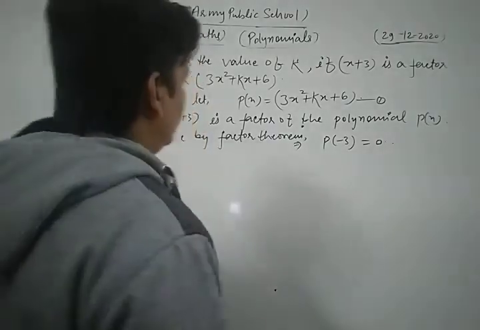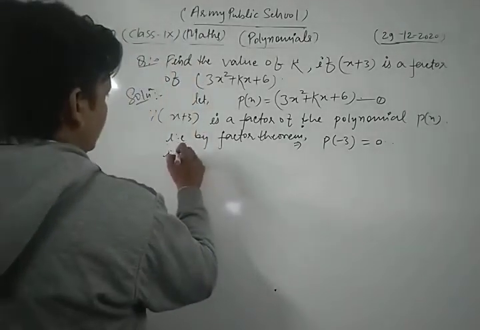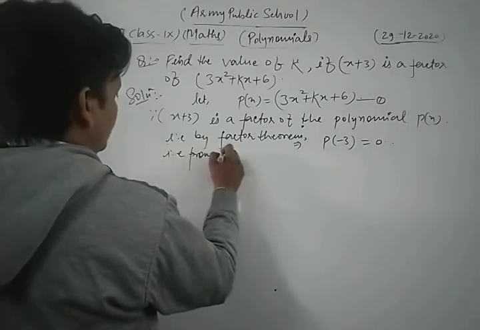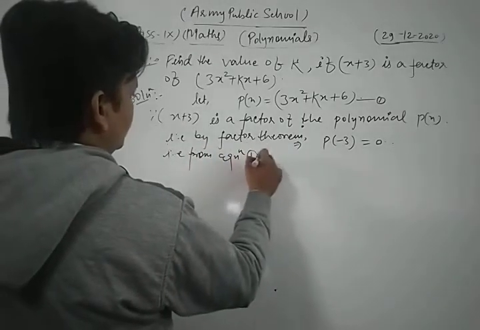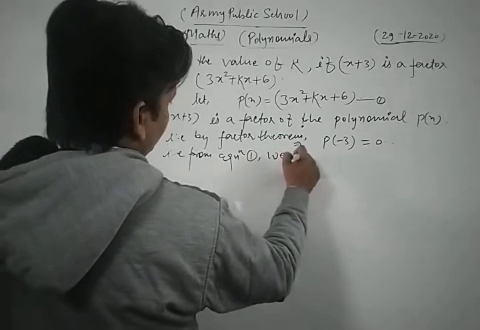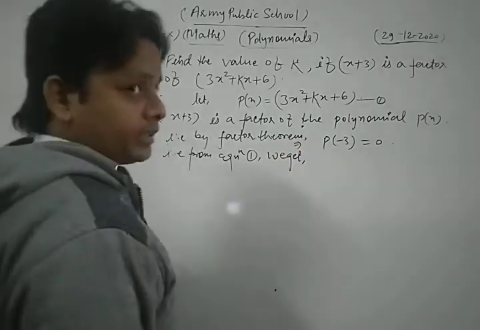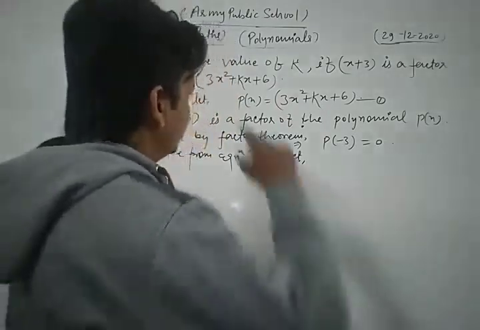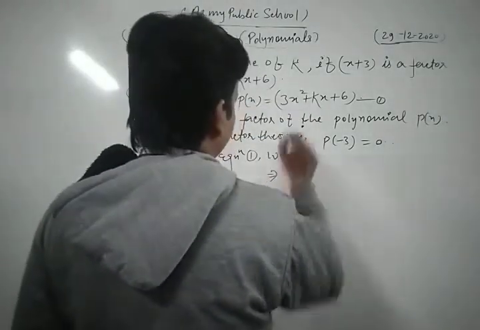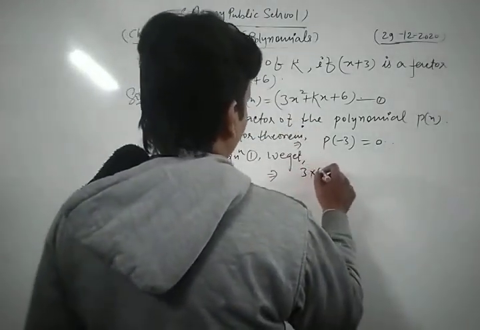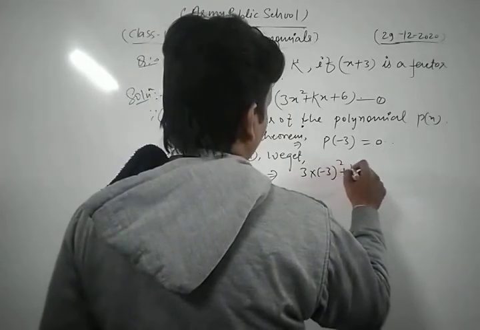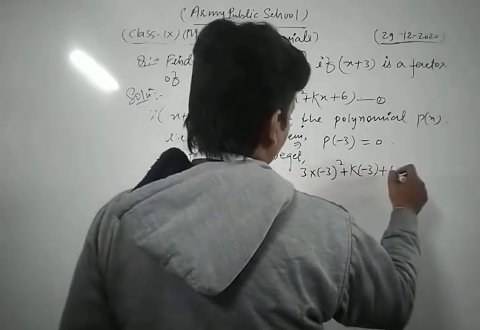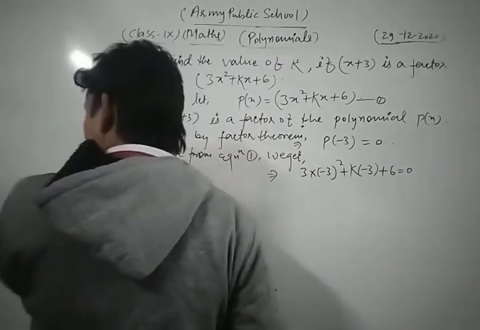So from equation 1 we just replace x by minus 3, so we get 3 into (minus 3) square plus k into minus 3 plus 6 is equal to 0.